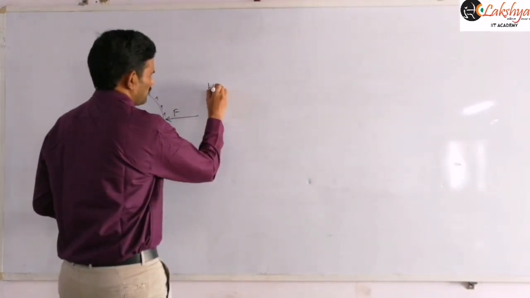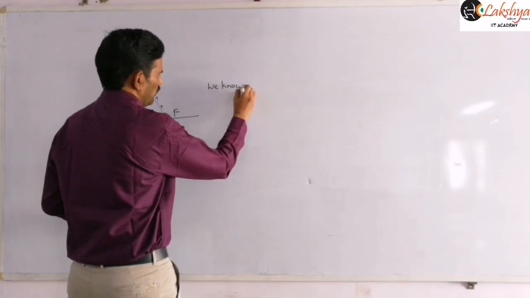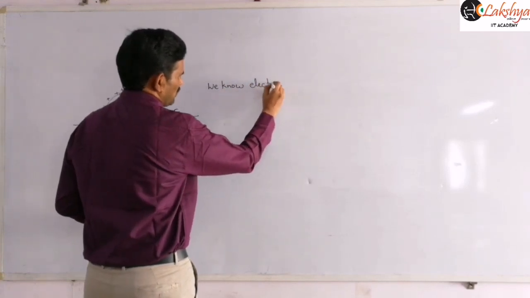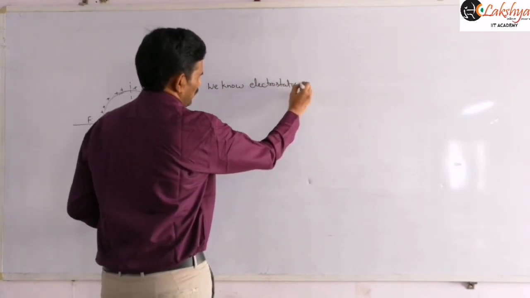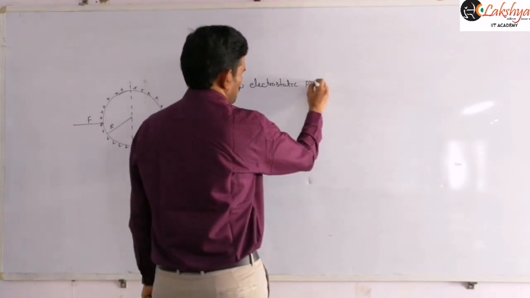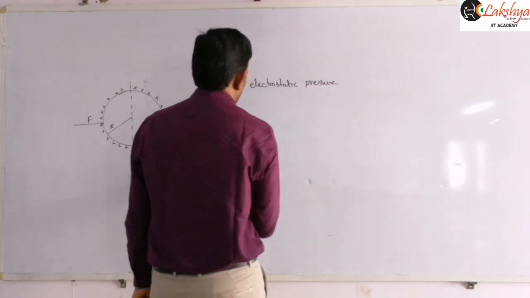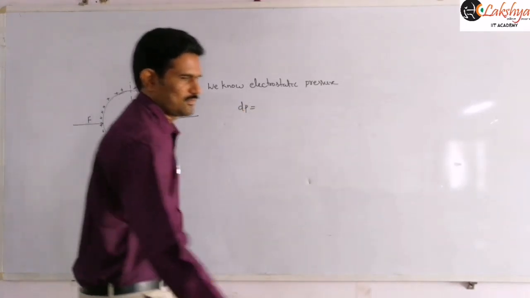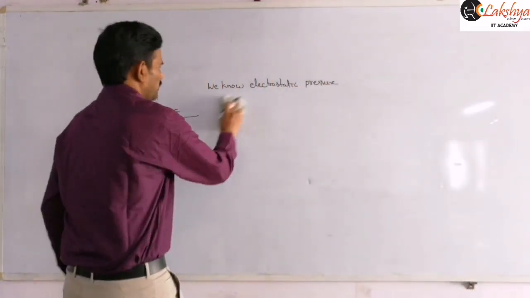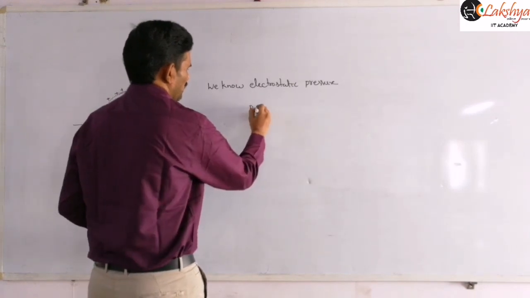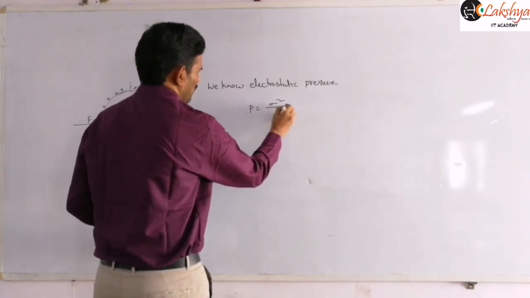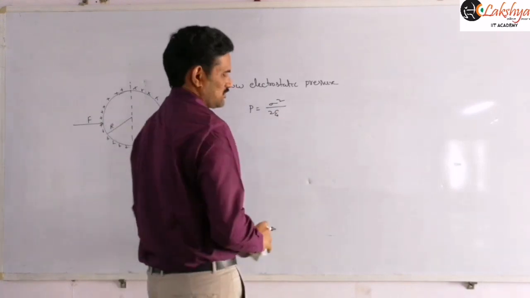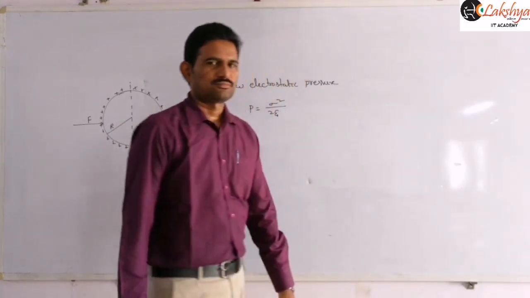Now say this. We know the electrostatic pressure P is equal to sigma square by 2 epsilon naught, right?